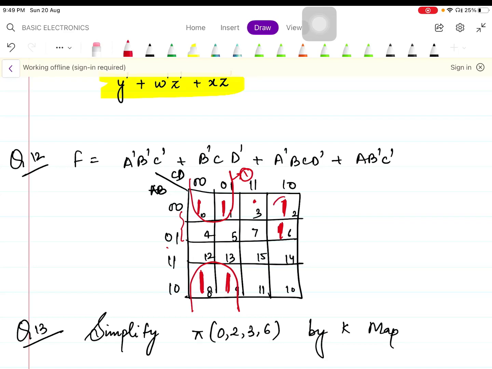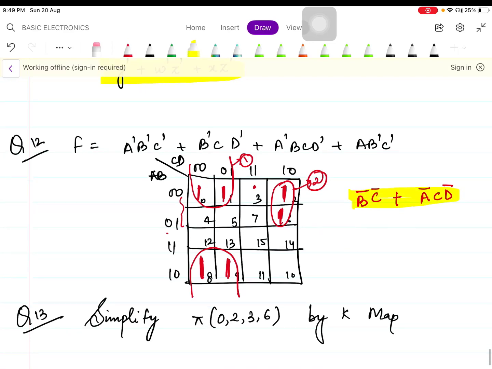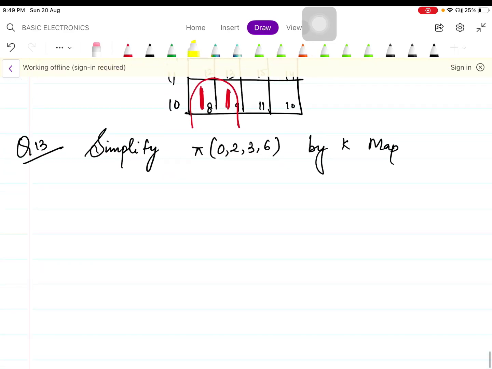So they will be grouped in a group of 2. So this is the second. Now let's write down the answer. For the first group, the answer will be B bar C bar. For the second group, the answer will be A bar, C, D bar. So this is the answer. Let's move on to another question. Now here we have a question of POS simplification.